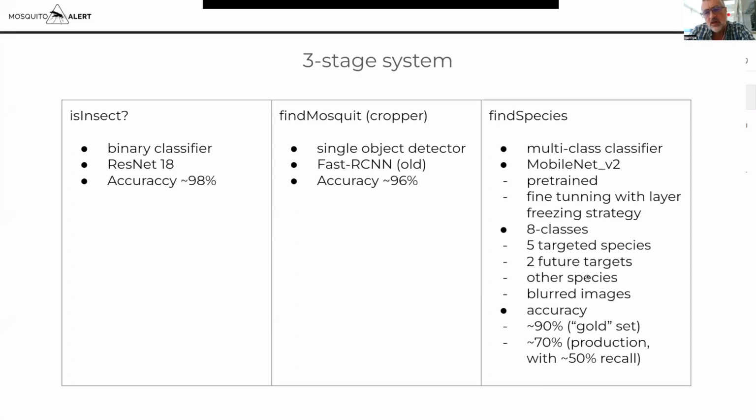One which we call other species. That means that from the result of the first filter, the is insect filter, well, this one detects just everything that looks like a mosquito, but does not distinguish, for instance, flies or bees or these kinds of things. It's a coarse grain filter.